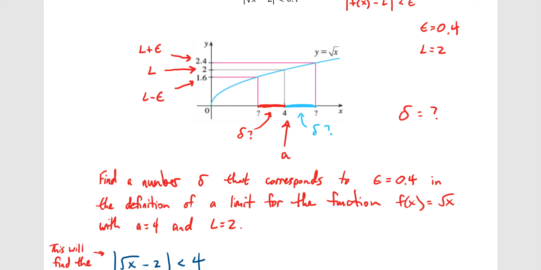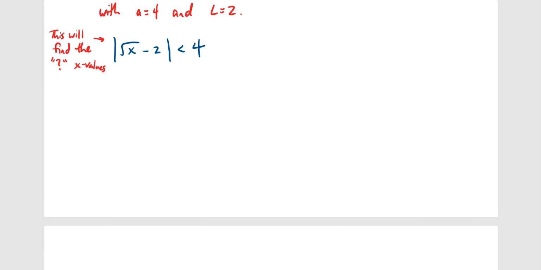Okay, so we have to remember how to solve an absolute value inequality. If you have the absolute value of something less than a number, you drop the absolute value bars, you make it less than the number, and then you also make it greater than the negative version of that number. That's pretty much going to happen every single time for a question like this. And then we solve for x.